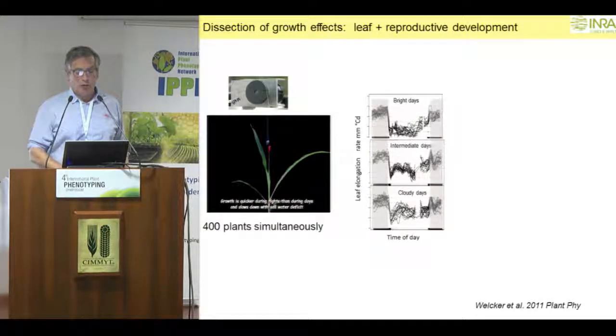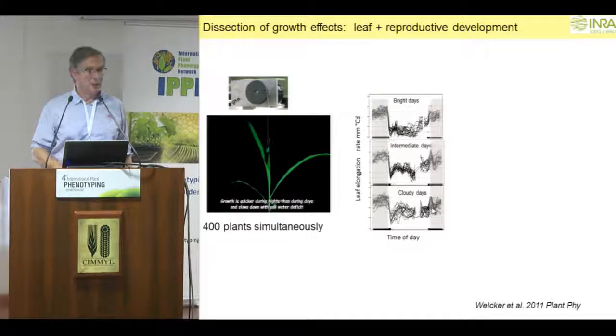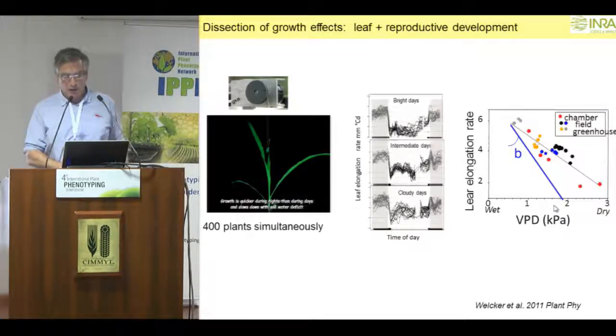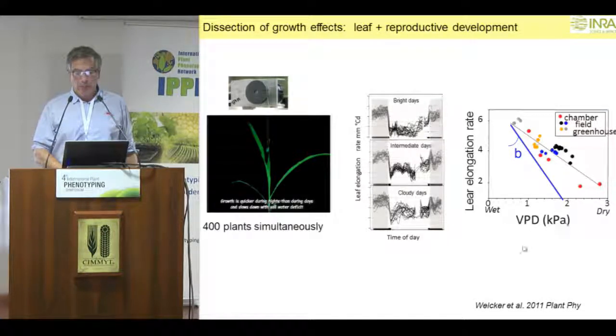So we can have traces like that in bright days, night maximum, day minimum, and in cloudy days it's less different. So for a given genotype, we can put all these points together, and we end up with a reaction norm, response curve, whatever, between air dryness, vapor pressure deficit, so the air is dry here and wet here, and leaf elongation rate.